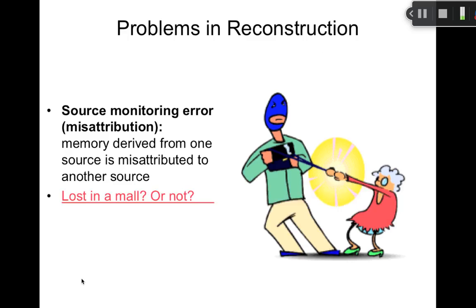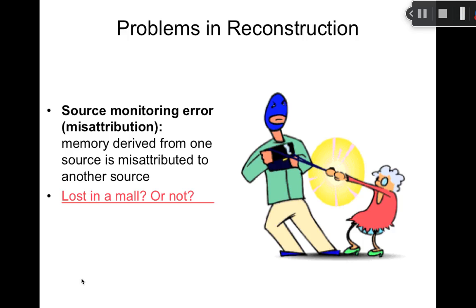The other problem in reconstruction I wanted to touch on was the source monitoring error, also referred to as misattribution. This is when a memory derived from one source is misattributed to another source. That is, we misremember the source of the memory. This is problematic in many instances, but in cases of possibly reported sexual abuse or physical abuse, misattribution is a serious issue.